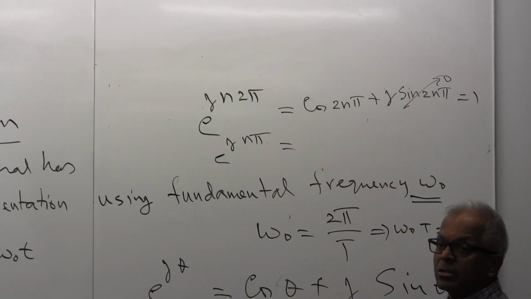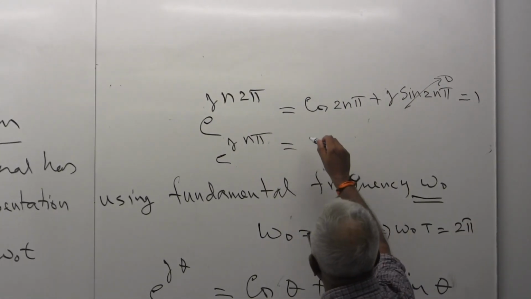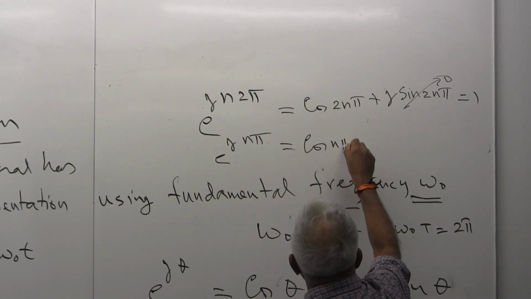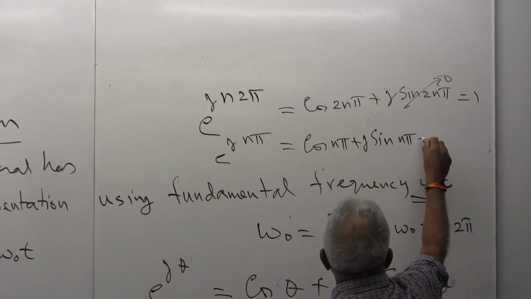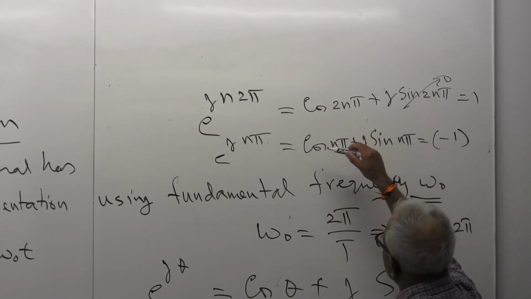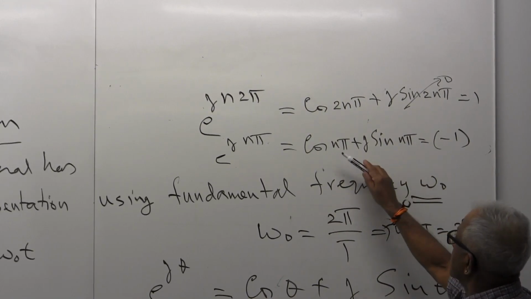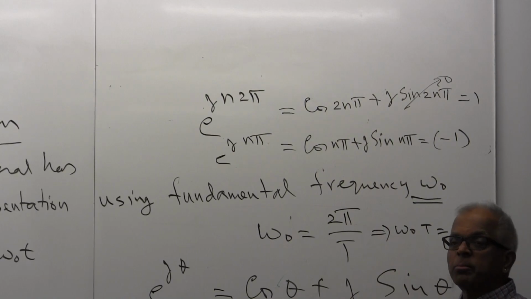How about this? Minus 1 to the power of n. Alright, you guys may be too fast for others. Cos n pi plus j sine n pi. Look here: sin pi is how much?